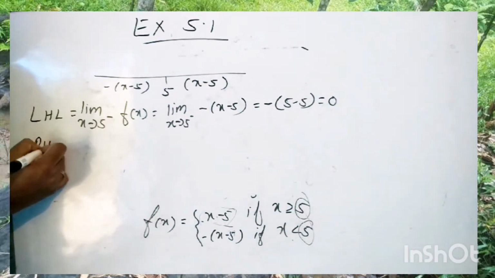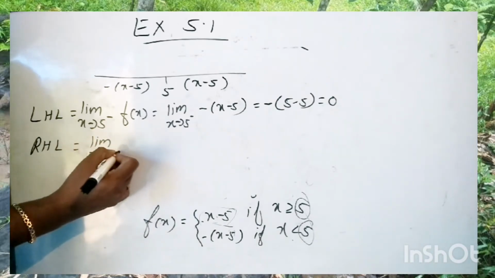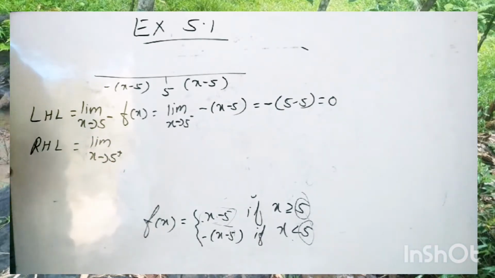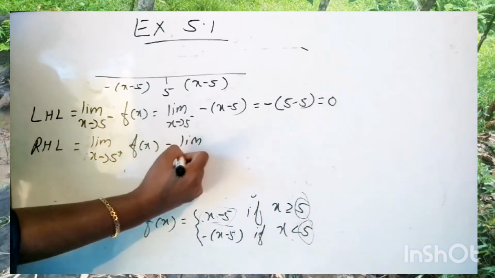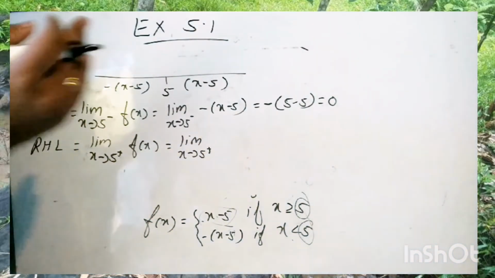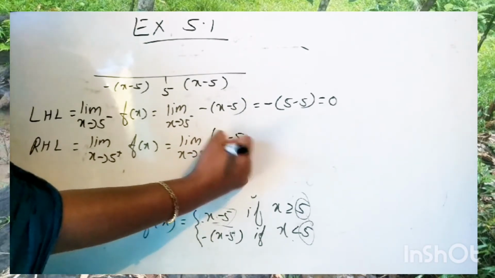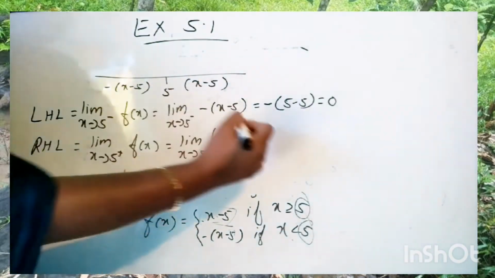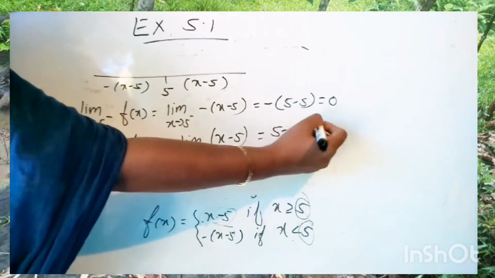Now the right hand limit is limit x tends to 5 plus of f of x. What is the value of f of x to the right of 5? To the right of 5, the value of f of x is x minus 5, and this is equal to, just put x is equal to 5, then 5 minus 5 is 0.